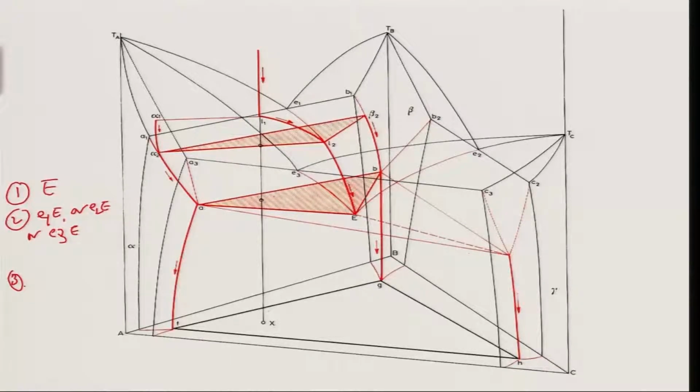If the composition lies on the trough of AE, A corresponding to this, E corresponding to this, so this is the trough. The one which I have shown is the one lying on that. So, AE trough or BE or CE, right. And the fourth one is composition lying on ABE or BCE or ACE, any of these 3.